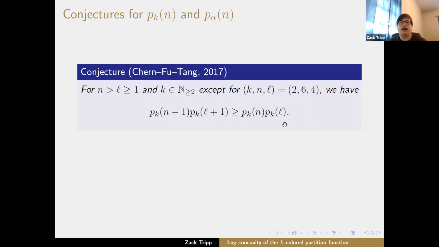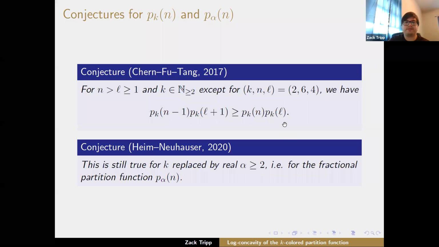Again, the way I like to think about this is a nice mixing of additive and multiplicative properties for the k-colored partition function. It's pretty natural from the Bessenrodt-Ono and the log-concavity as well.